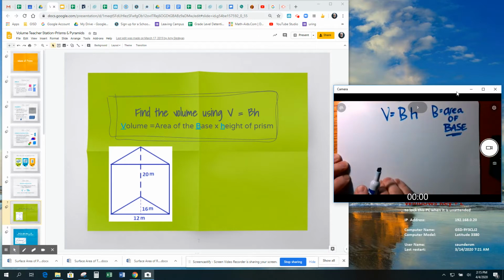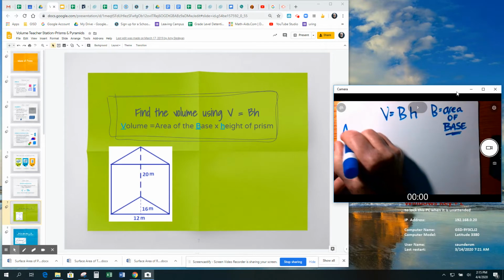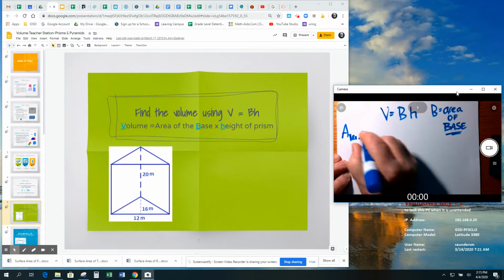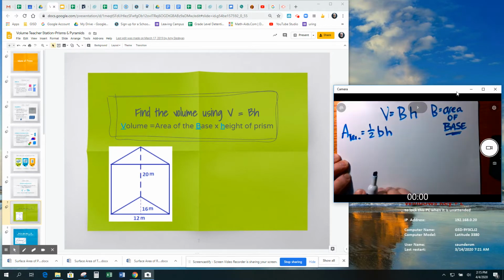Okay, so how do we find the area of a triangle? The area of the triangle equals 1/2 base times height. Remember, that's a little b. So we're talking about one of the sides. So the area of this triangle right here that we're looking at.